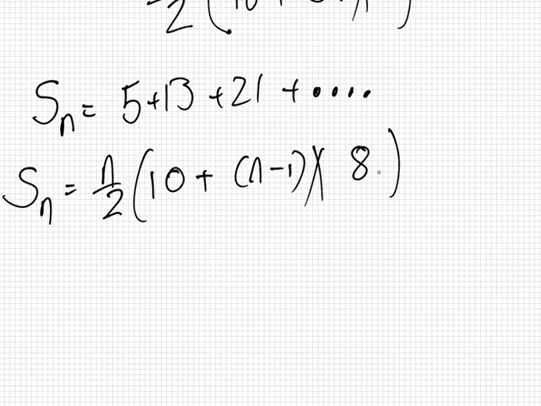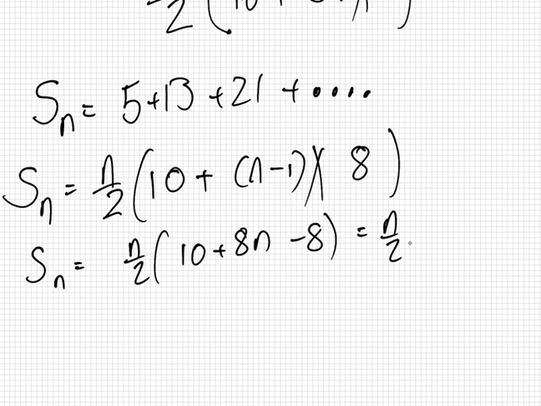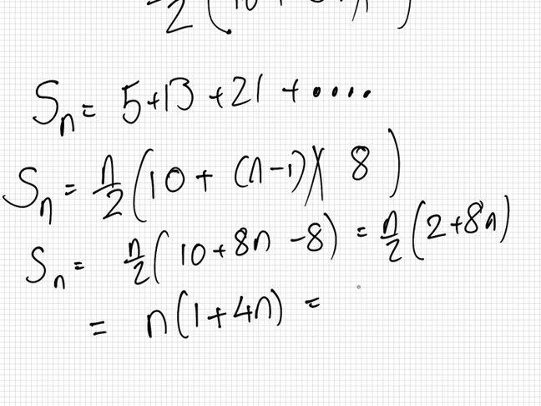Yeah. We need to simplify this. Sn is n over 2, 10 plus 8n minus 8, which is n over 2, 2 plus 8n. Now, what can I cancel on the top and the bottom? 2. So I get n, 1 plus 4n. So I get 4n squared plus n.